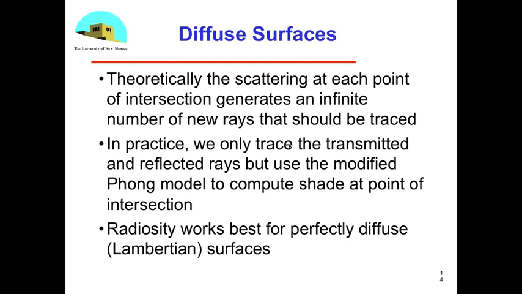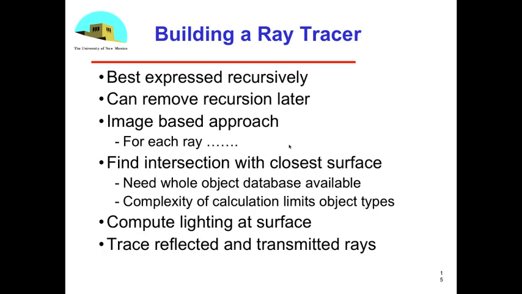But we're talking about ray tracing here, so let's now actually talk about some pseudocode for the ray tracer. As we said, we can express it very simply, recursively, and then later take the recursion out and replace it by some looping or an iterative replacement of the recursion in our pseudocode.